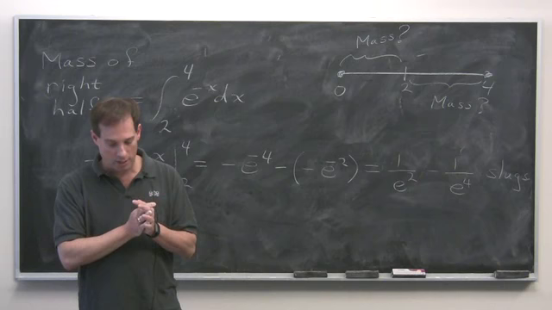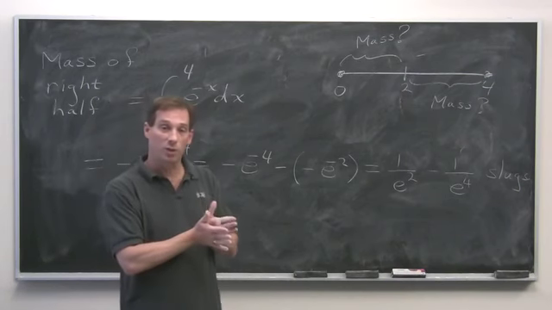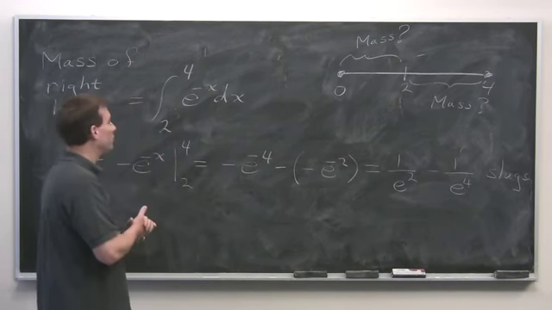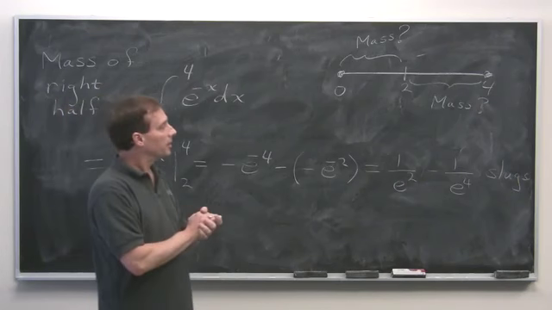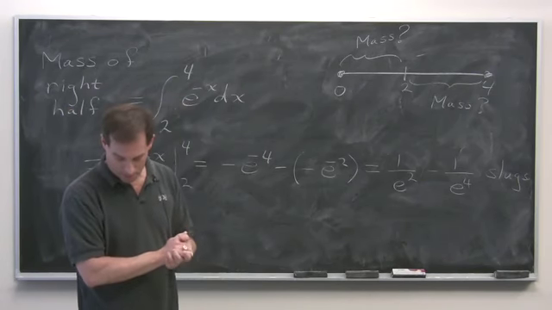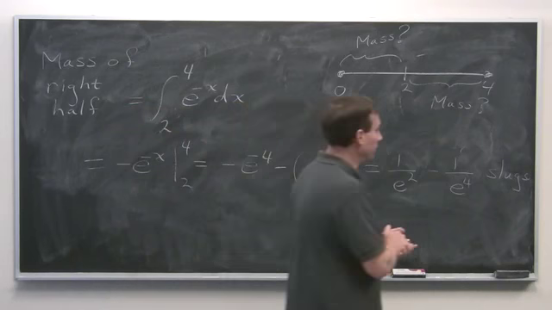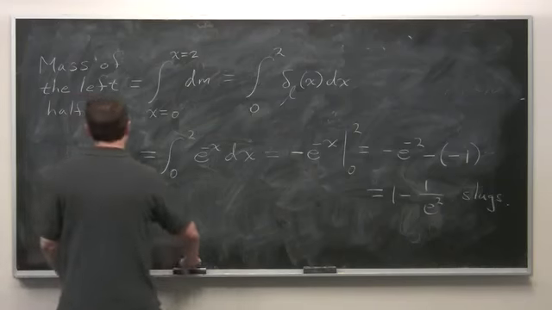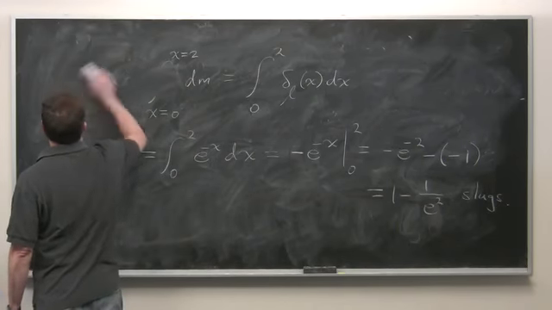I want to do one area density problem, and then we'll be finished with this section. So let me take a thin metal plate. So an idealized two-dimensional object.